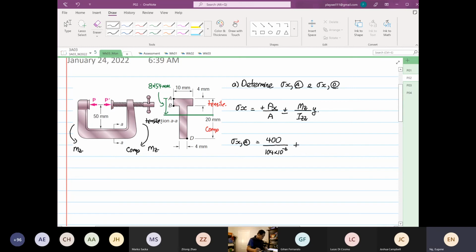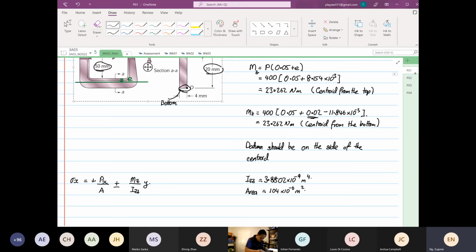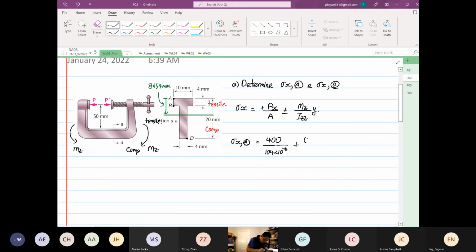Our moment about Z, which we found, is equal to 23.262, divided by IZZ, which is 3.8802 times 10 to the power minus 9, and Y is 8.154 times 10 to the power minus 3. Over here you get 400 divided by 104 times 10 to the power minus 6.